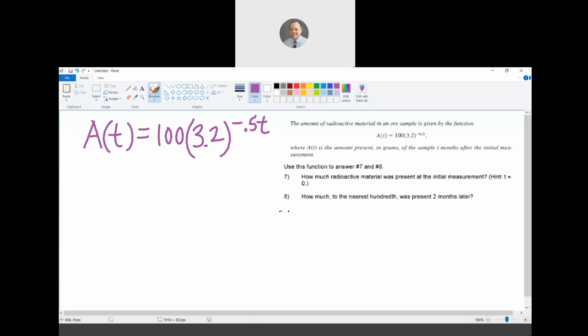Number 7, how much radioactive material was present at the initial measurement? Even if the hint was not given to you, you know initial means nothing has started, so that's time equal to 0. All right, so everywhere we see a t, we'll plug in 0.